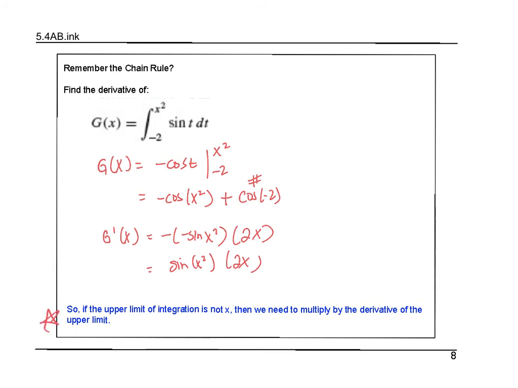So right down here, here's your rule, or your kind of addendum to the rule. If the upper limit of integration is not x, if it's something other than x, then we need to multiply by the derivative of the upper limit. So whatever this is, we insert it wherever the t's are, and we multiply by the derivative of that upper limit.